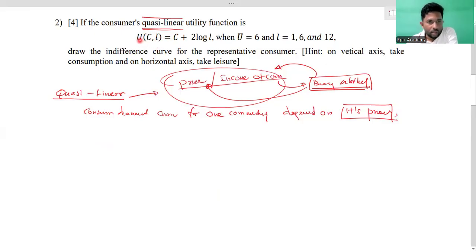So we have the equation: U, meaning total utility related to consumption, equals C, meaning consumption, plus 2 log L. Log means here we calculate all those things using log values, right? 2 log L.